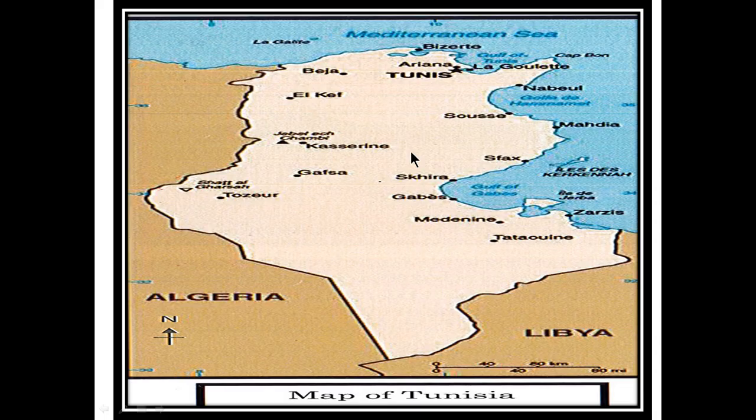Now let's talk about the map of Tunisia. Here is the map of Tunisia, with the capital city Tunis, and Algeria, Libya and the Mediterranean Sea. It is covered by these different countries, and its borders are Algeria, Libya and the Mediterranean Sea.